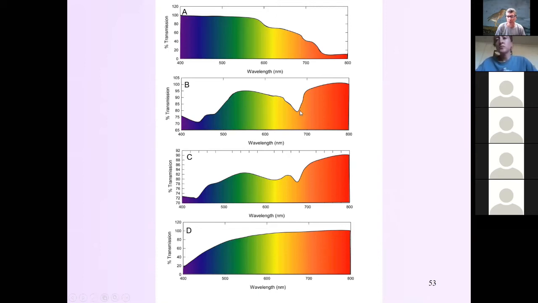So this is why chlorophyll is green. Most of this is gone because of the water, either in the atmosphere or in the lake. And then when we see green, that's because the chlorophyll has low transmission in the blue and low transmission in the red, but high transmission in the green.